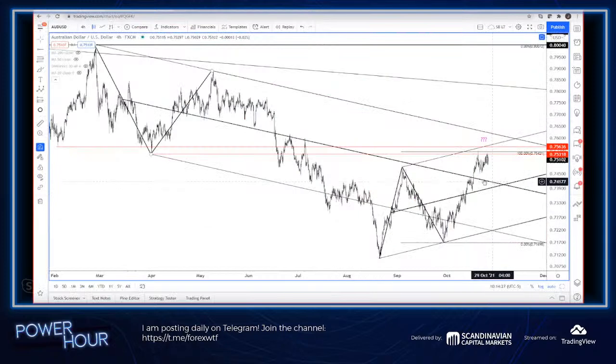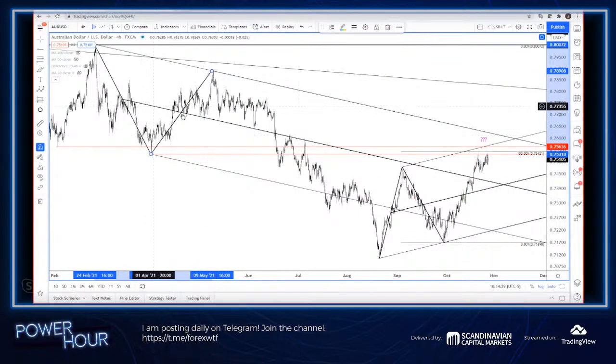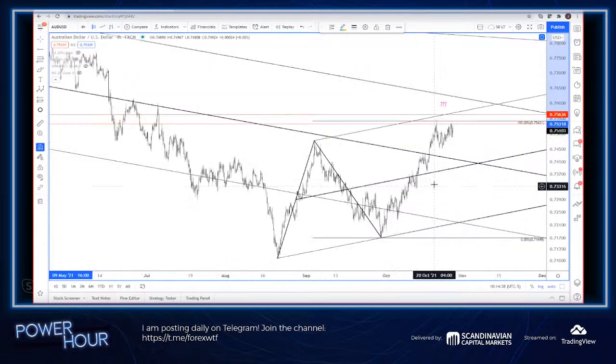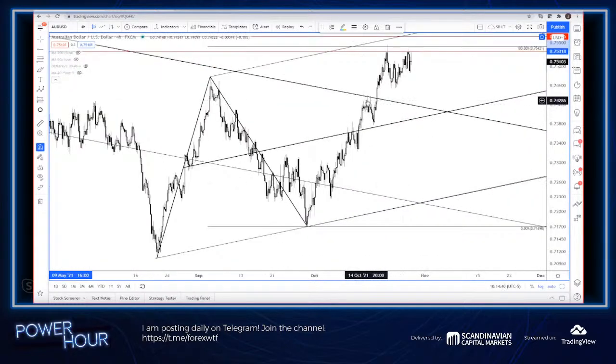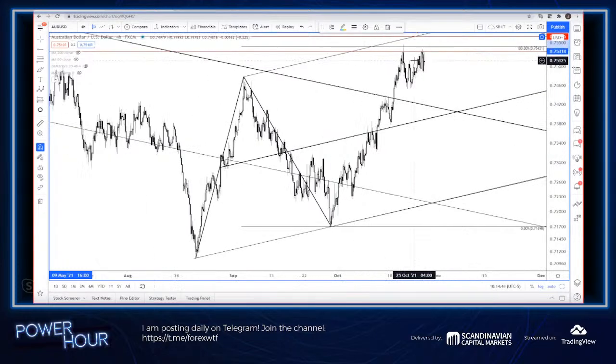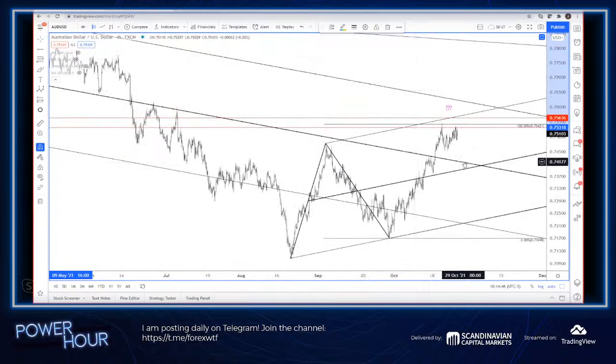And that would be, you can see the center line of the channel, okay? Look at the resistance that we had on that level back in June. In July, we even tagged it here on the way up, I guess that was 2 weeks ago on the 15th. So if we were to come back down to this, we'd be thinking maybe this is support. And that, again, is going to be around 74.20, okay?